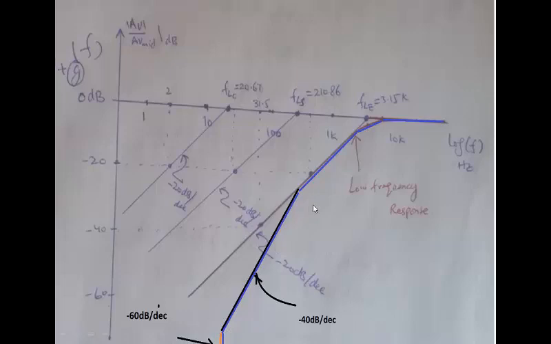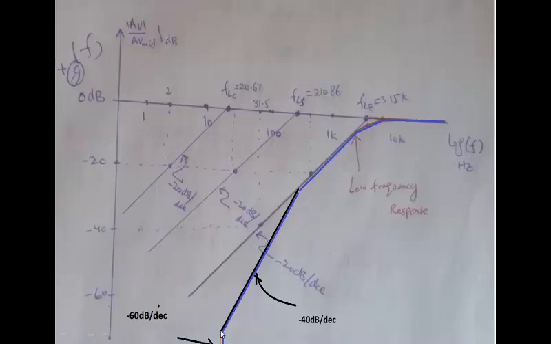So the overall asymptotic response would decrease from when the first breakpoint occurs, at a constant rate until the second breakpoint occurs. At the second breakpoint, the response starts decreasing at a double rate of minus 40 dB per decade until the third breakpoint occurs.